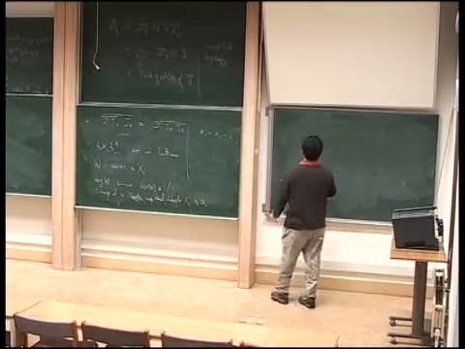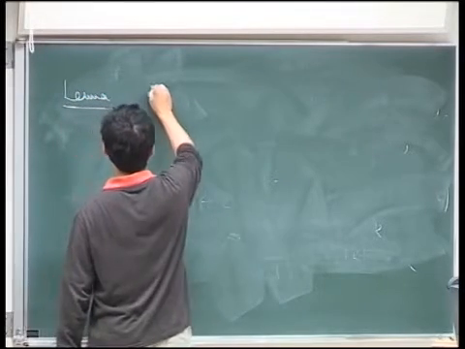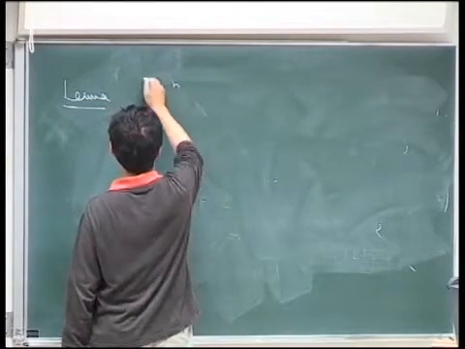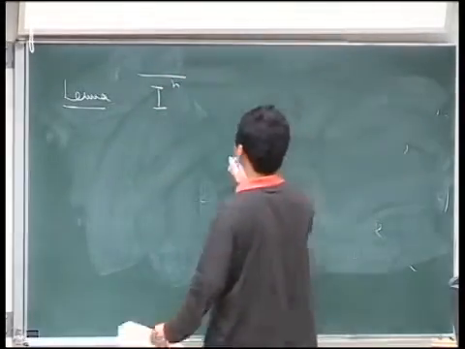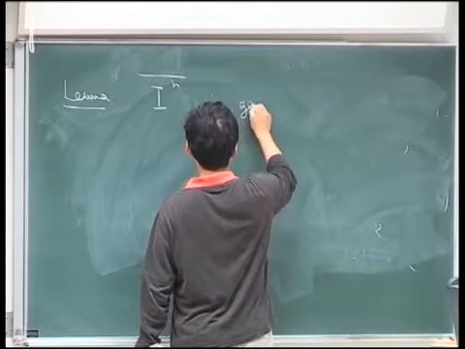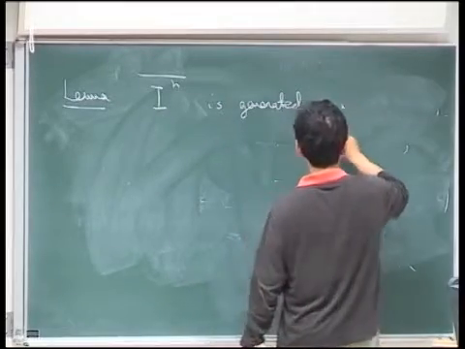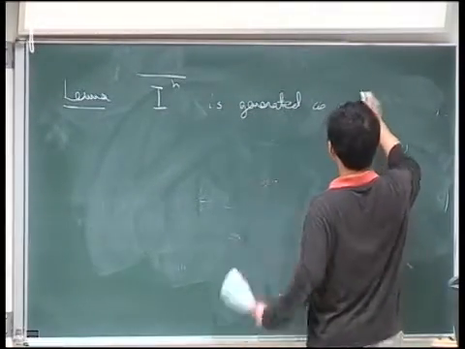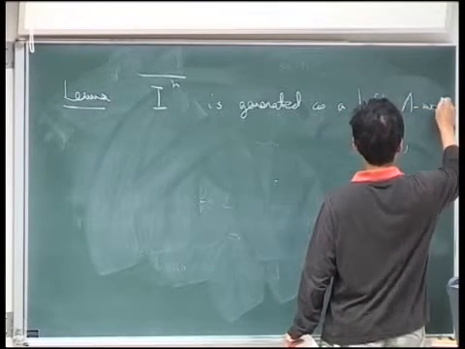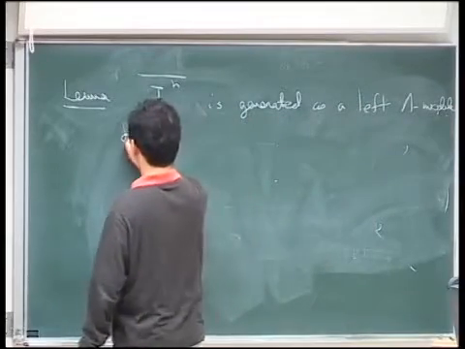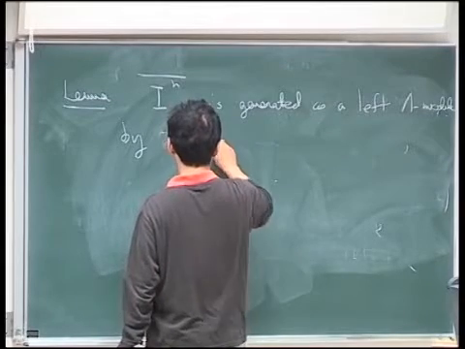Okay. Then, here's a lemma. If you take I_n bar, the closure of I^n, this is generated as a left lambda module by the set W_n(alpha).